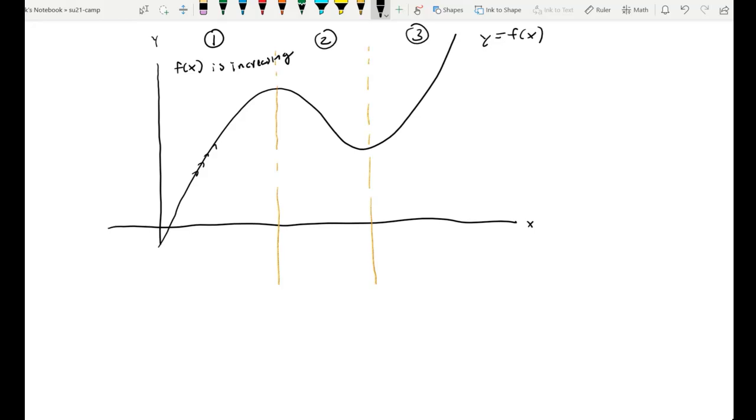Now, what can we say about the derivative of the function on that first interval? If you take a point on the graph somewhere in that interval and you draw a tangent line, what can we say about the derivative of f at x? Is it going to be positive or negative?